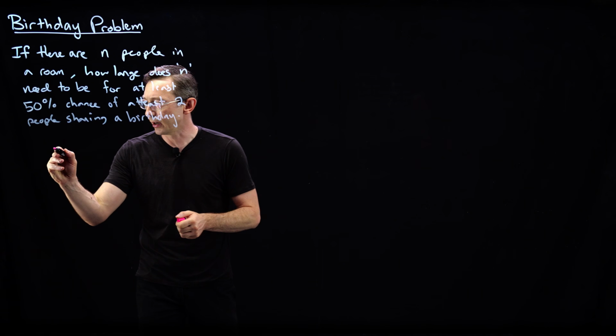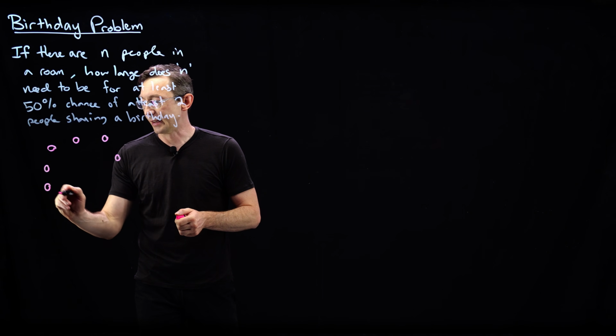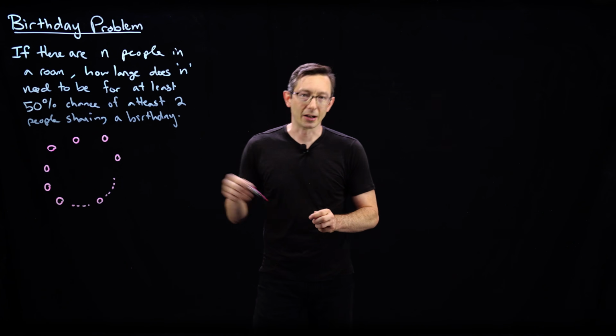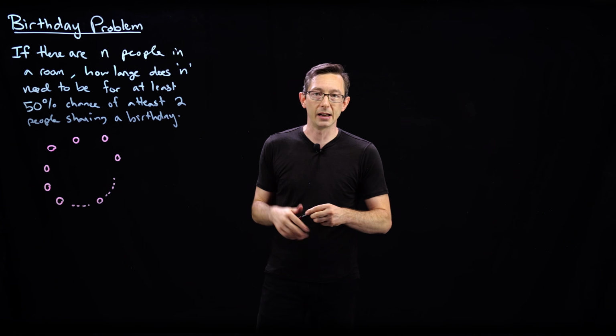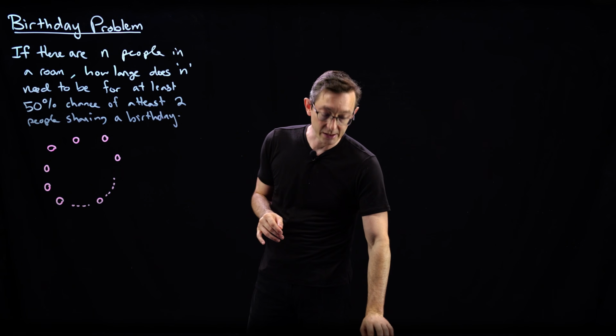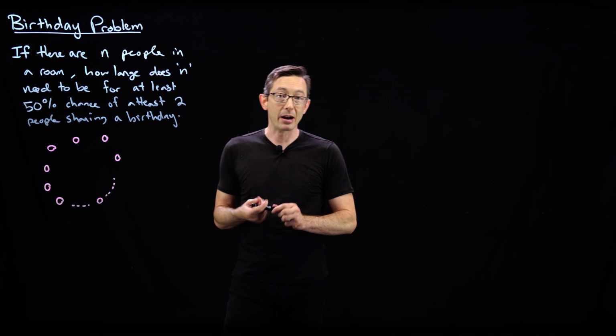I'm going to draw a picture. I'm going to illustrate my n people just standing in a circle, dot, dot, dot. This is a cartoon of n people standing in a circle in a room trying to compare birthdays. The first thing I want to do is count how many comparisons there are.